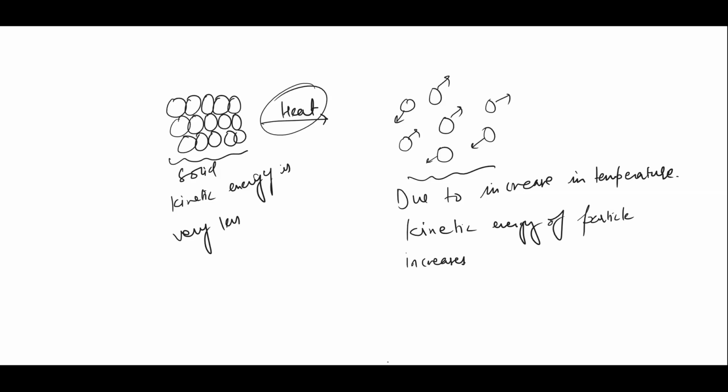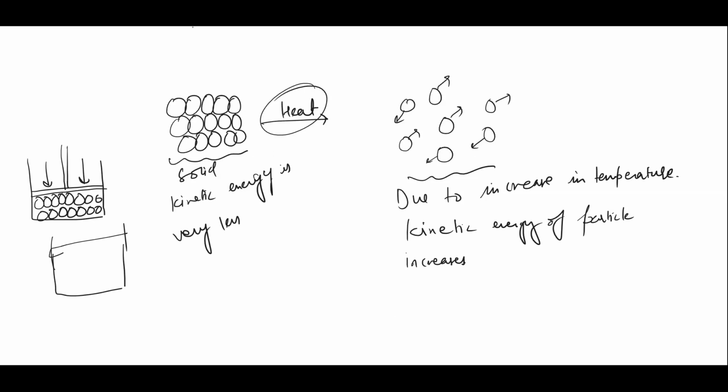And when you release the pressure, the particle can move. For example, this is the piston, and I'm applying high pressure here. The particles are very tightly packed here. They are not free to move. If you decrease the pressure, let's suppose this piston goes up, then these particles will get more space and they can move freely.